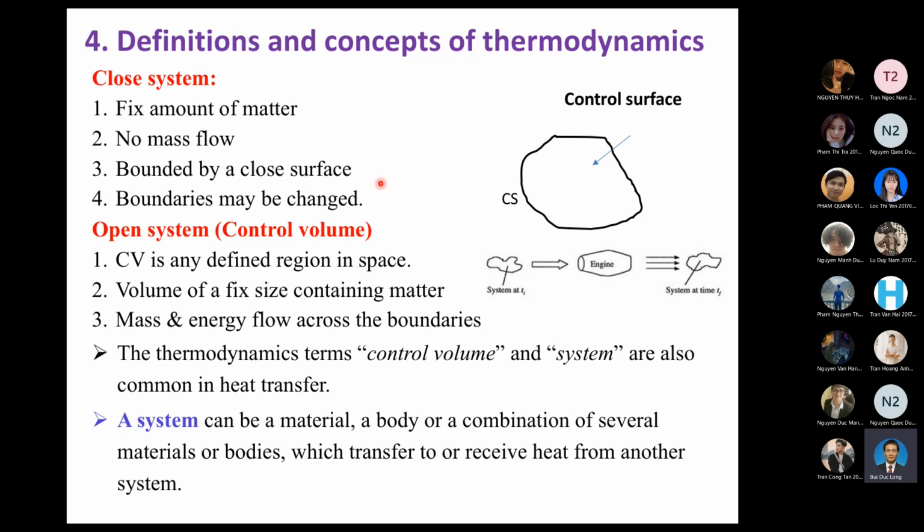First, concept and definition. First one here is a closed system. Okay. So what is a closed system? Okay. The system with a fixed amount of matter. Okay. Fixed amount of matter, it doesn't change. Okay. For example, the mass or the energy is a fixed amount.